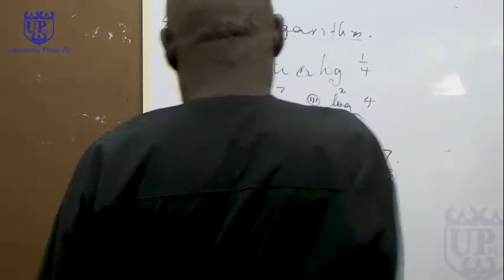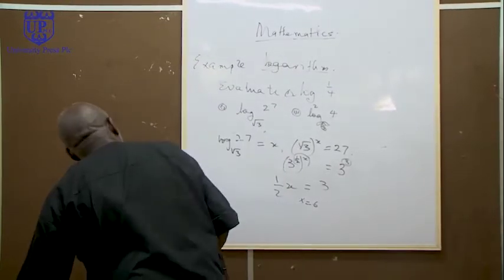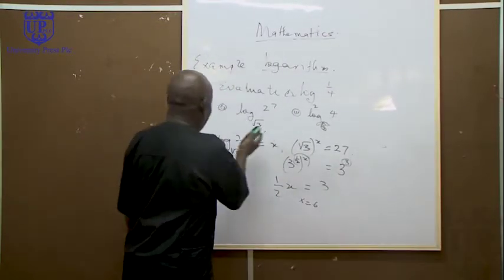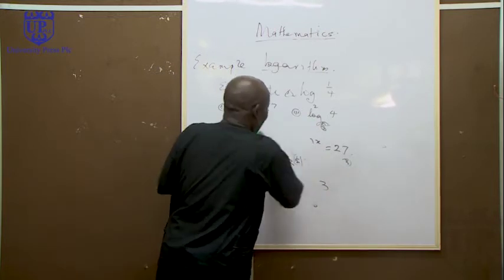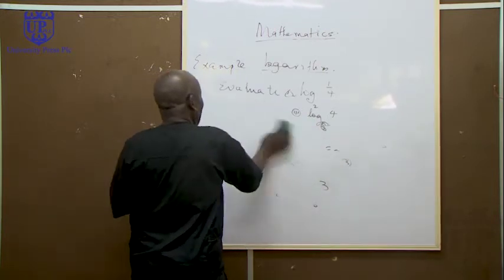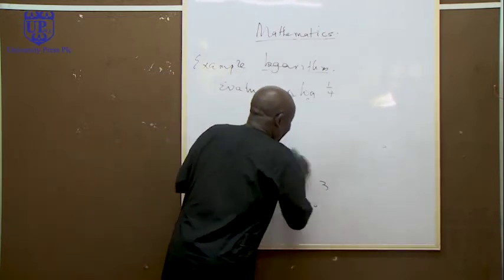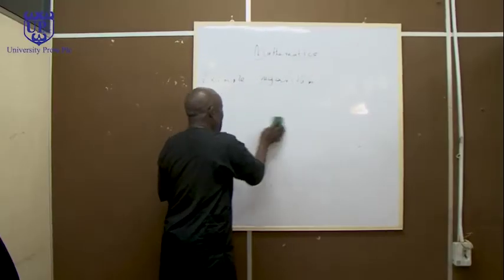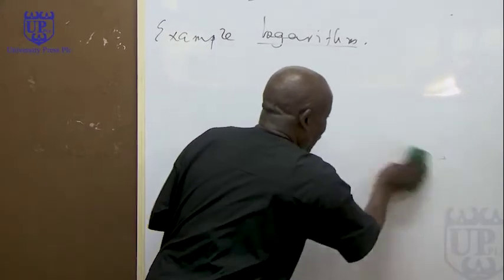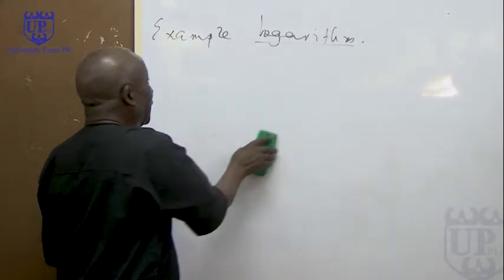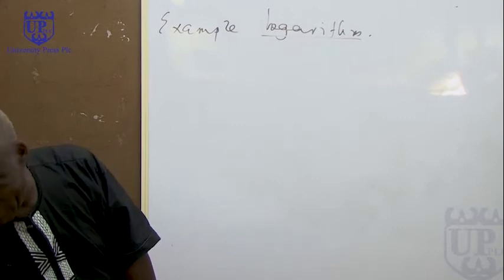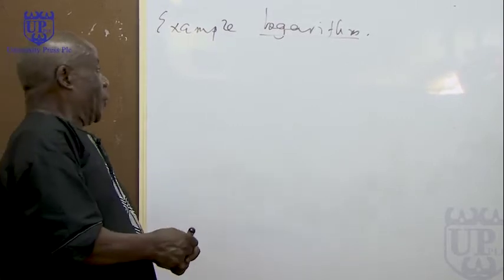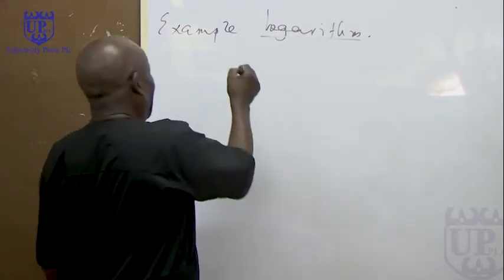Now let's continue on this logarithm. We are okay with the exponential equations. Let's look at some expressions. We have logarithm equations as well, but we need to understand this.